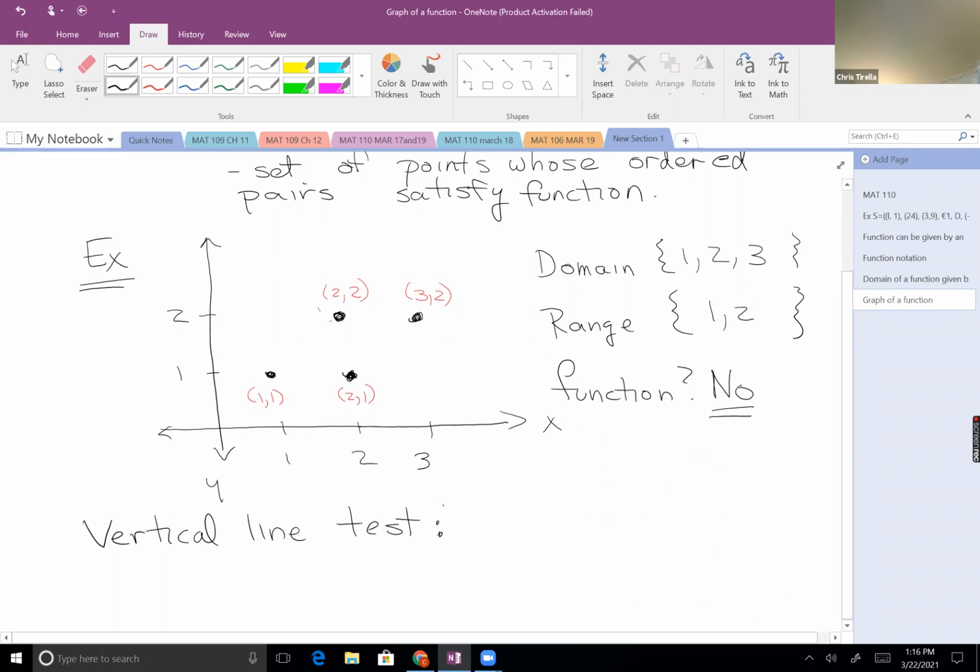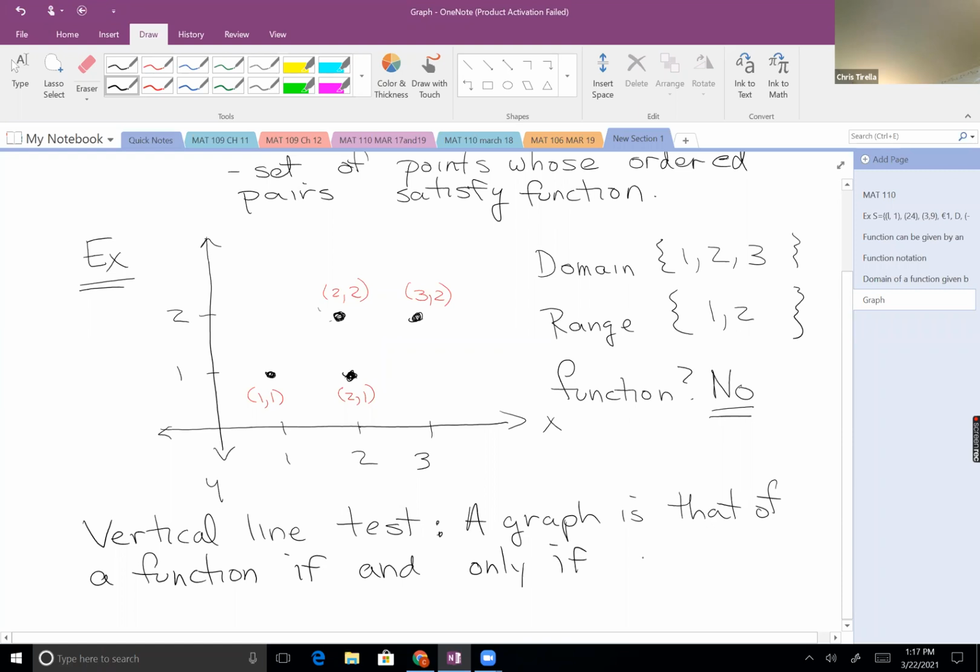What the vertical line test says is that a graph is that of a function if and only if any vertical line intersects it at most one point.